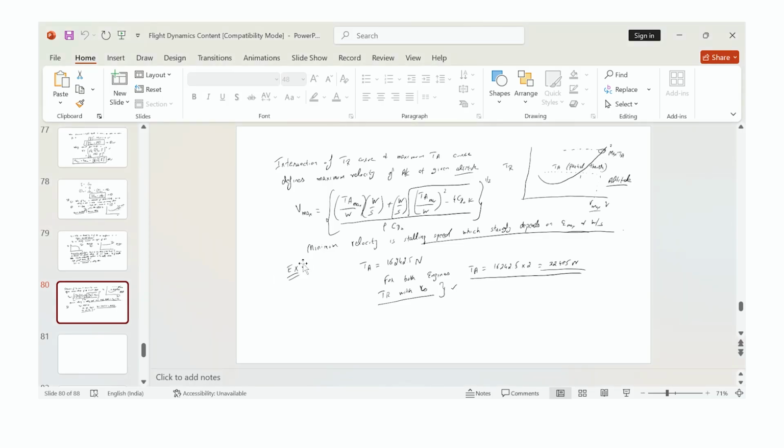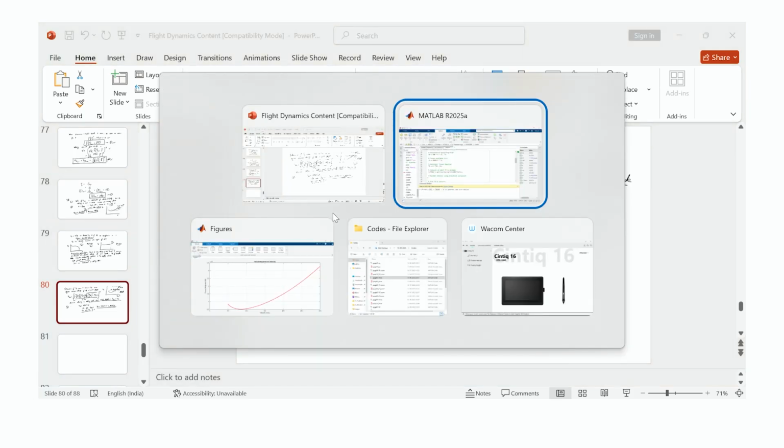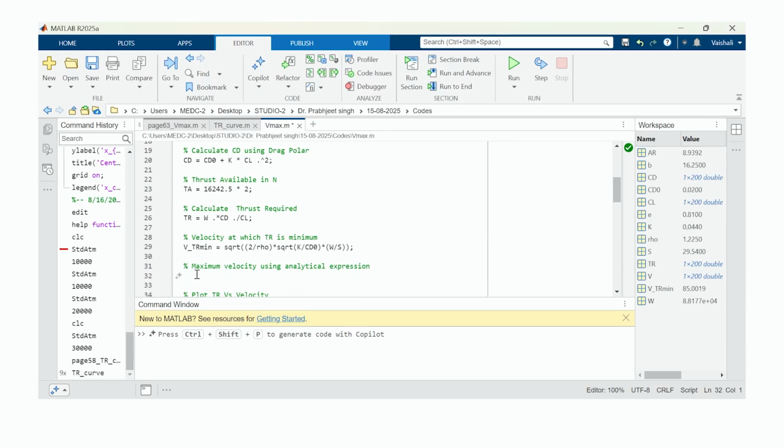So this was the expression for the maximum velocity. I will be writing this over here in the code. Anyhow, in the plot we can easily see that the velocity was around 300 meters per second.